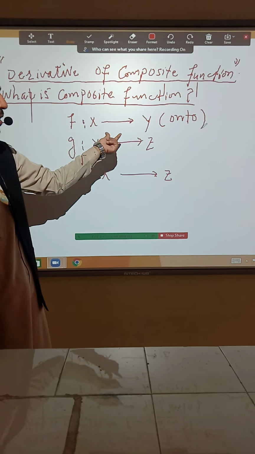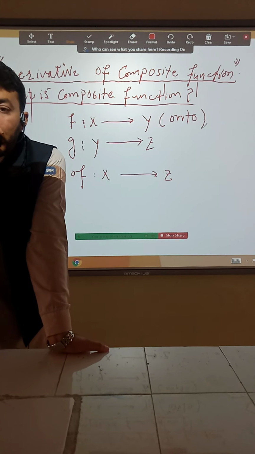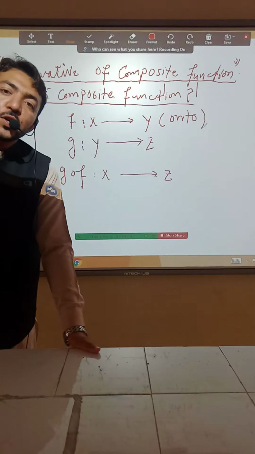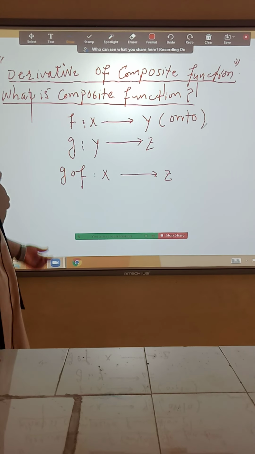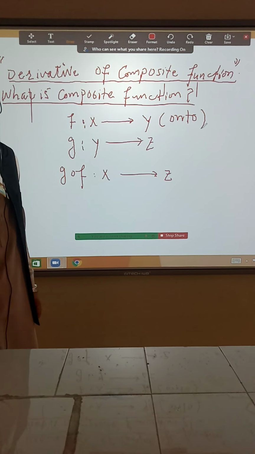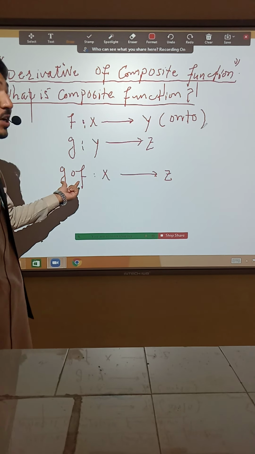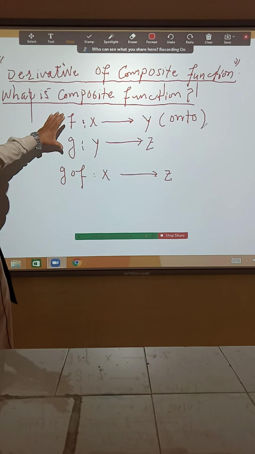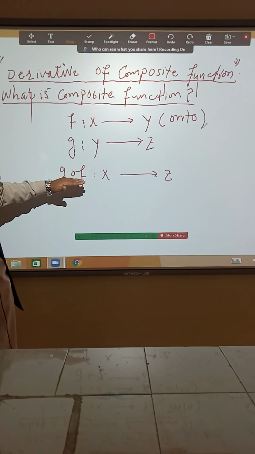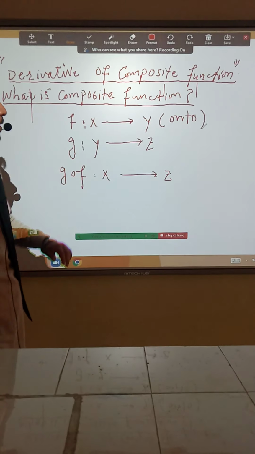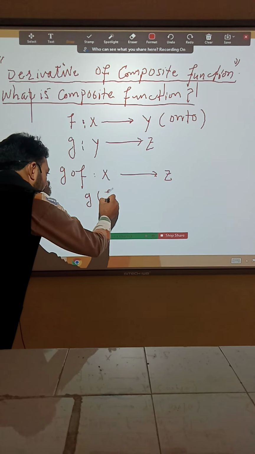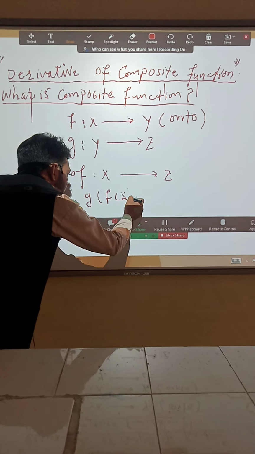Whenever the range of one function is the domain of the other function, you can make a single function from these two, which is called the composite function. When you make a composite function from g and f, there will be g circle f, a function from x to z defined by g of f of x.